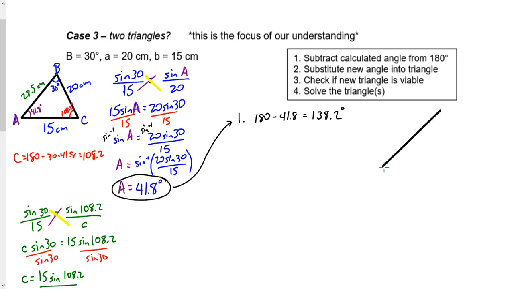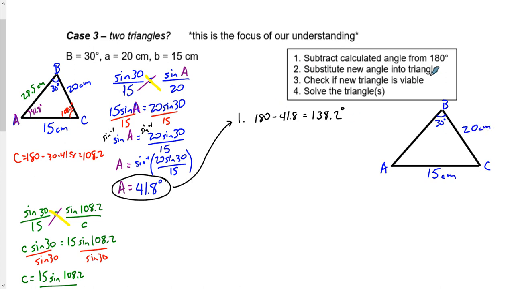So that triangle that we had created, yes, I know that this will not be drawn to scale, but we can still have angle A, angle B, angle C. Angle B is still 30. Side B is still 15. Side A is still 20.